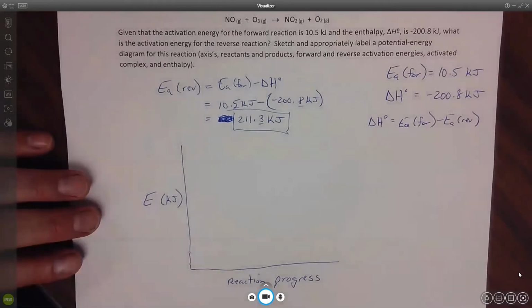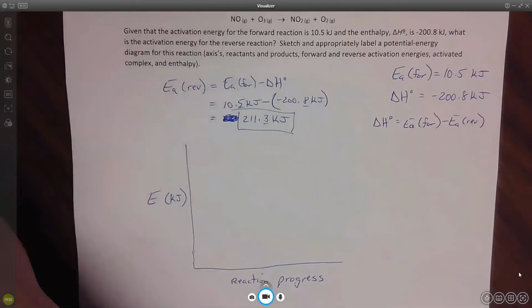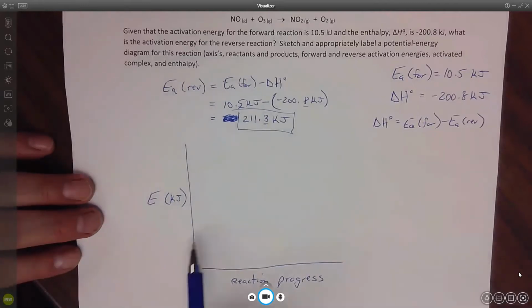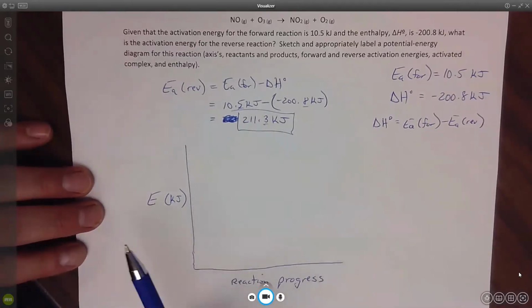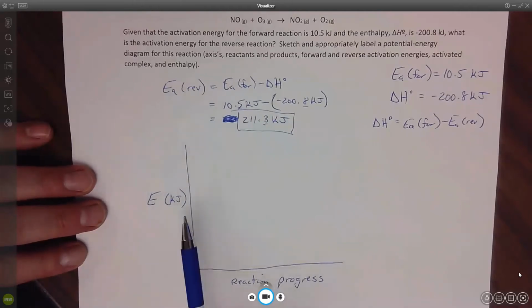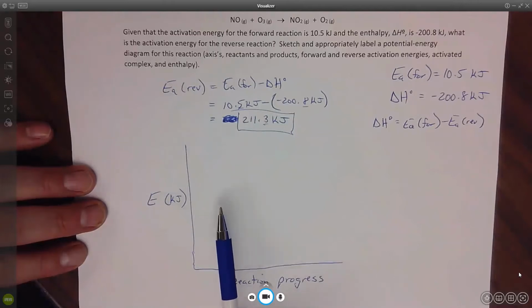Okay, so what shape am I going to give this? And it does not have to be to scale. So this is going to be the potential energy of the reactants and the products, right? But should the reactants and products be put at the same energy? No. How should I put them then? Which one should be higher in energy, the reactants or the products?